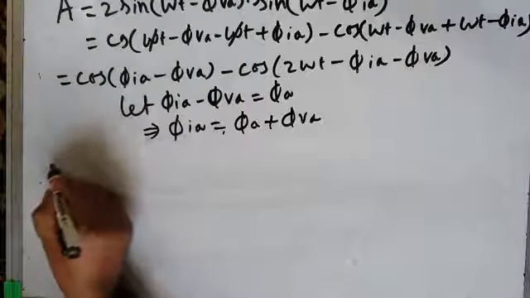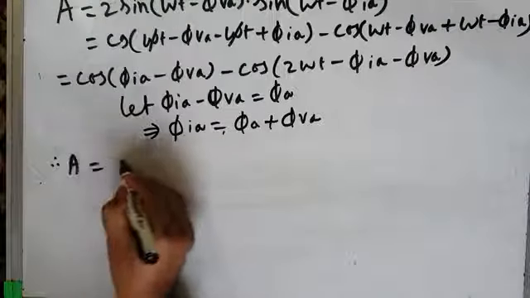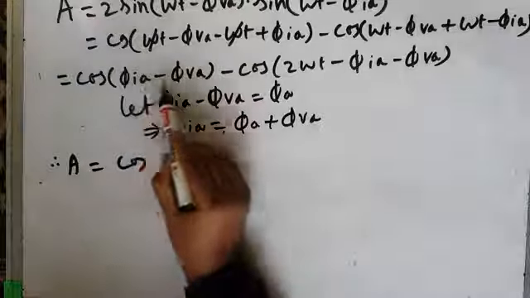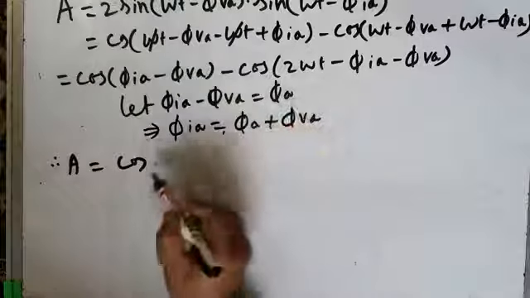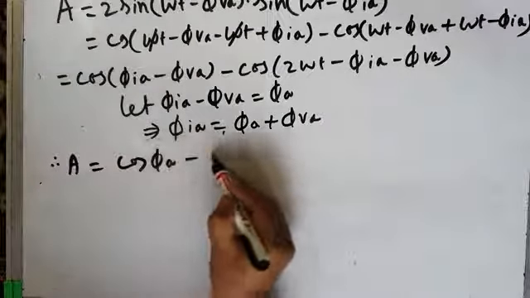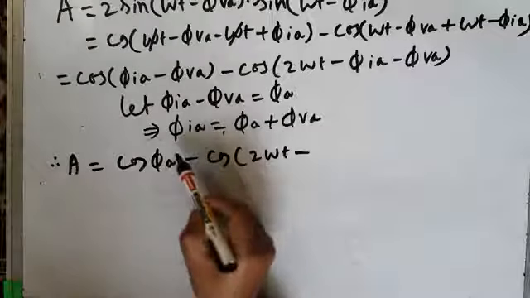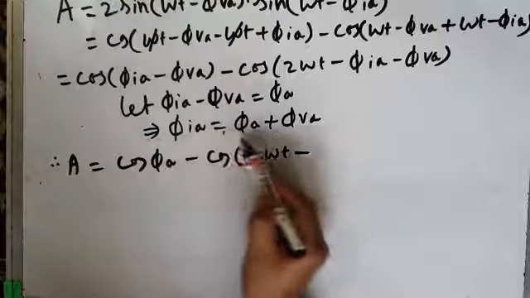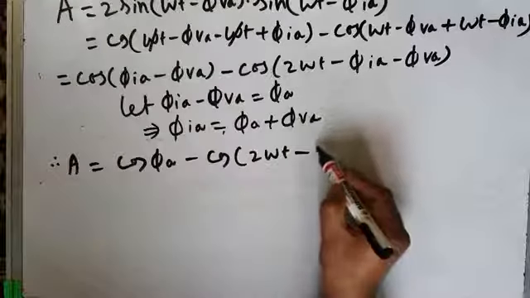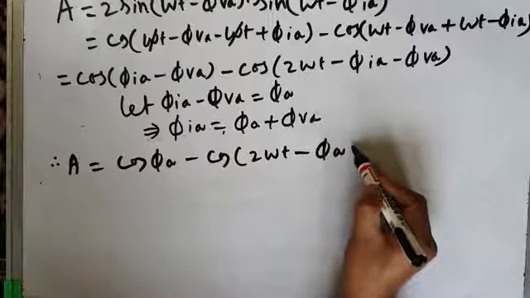Therefore, A is equal to cos of, what is phi IA minus phi VA? We call it phi A, minus cos of 2 omega t minus phi IA. And what is phi IA from this equation? It is phi A plus phi VA.